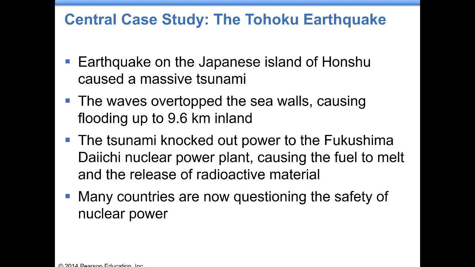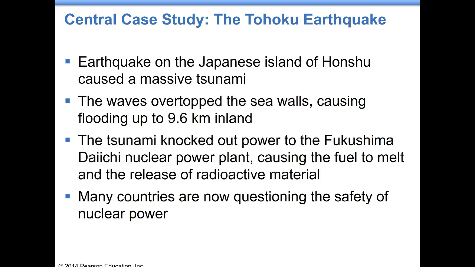So please make sure that you are reading the central case study. It's on page 22. And again, it's important that you read articles like this because when you take your exam, a lot of the free response questions are based on what happened in the news 2 to 3 years, 4 years ago. So this is really current. As you can imagine, this was a major disaster and is still something that they're cleaning up today.